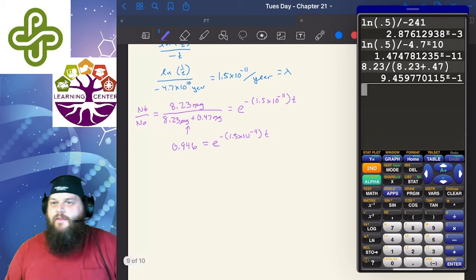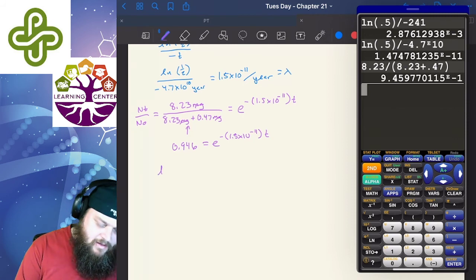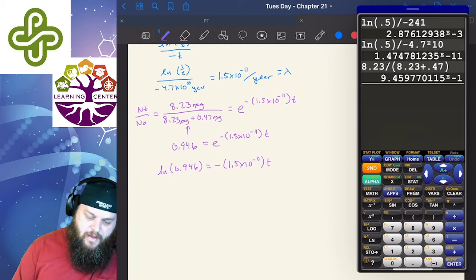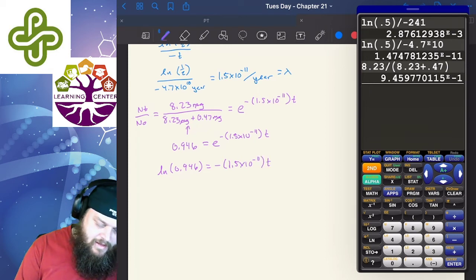So now that we have that, we can take the natural log of each side. The natural log of 0.946 is going to equal negative 1.5 times 10 to the negative 11 times time. We're going to divide by that decay constant, and that equals time.